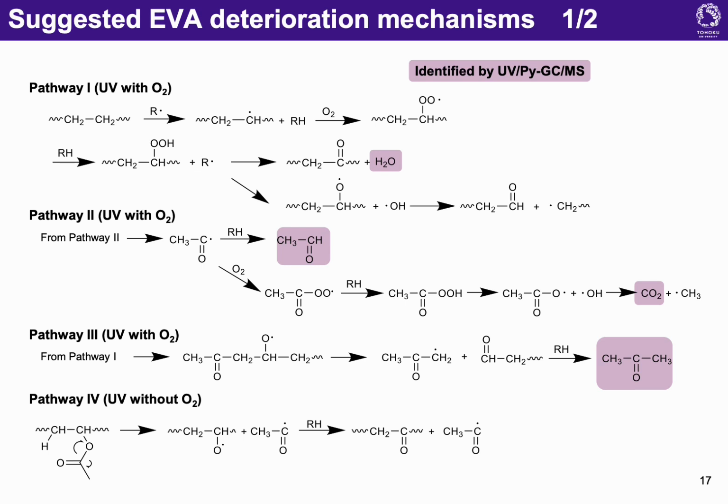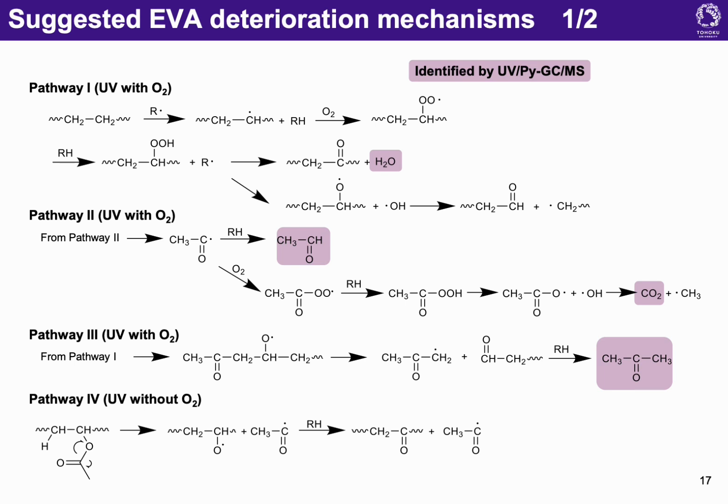The FTIR analysis verified the formation of ketone and lactone units during UV irradiation, with ketone formation being favored over lactone formation. These results suggest that ketone is preferably formed under UV irradiation in air.